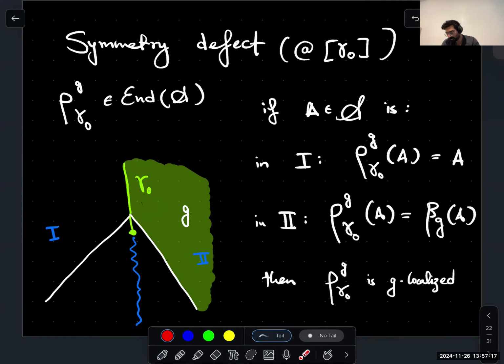So in the case that the endomorphism acts as nothing over here and as G action over here, then you say that it's G localized instead of purely localized. Think about it as, if G is equal to 1, then it literally is doing nothing anywhere, so it's truly localized. But when G is not equal to 1, then it's doing something. And that's what G localization means here.